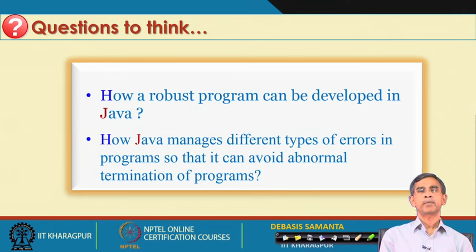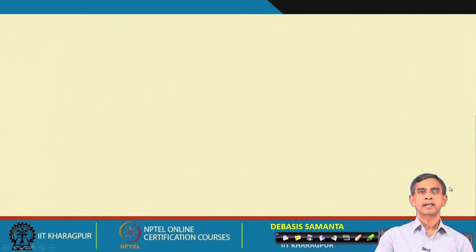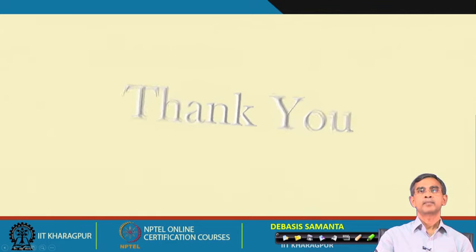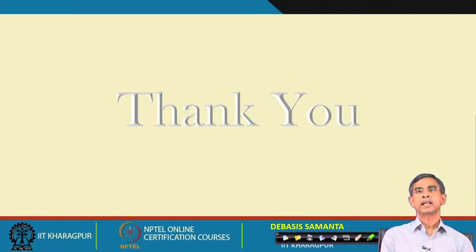There are many errors, and it is a particular concern whenever the program size increases from low volume to high volume, because as the code size increases, the possibility of errors increases. So, how to deal with this situation? All these things will be discussed in our next discussion, which is called the exception handling concept. Thank you very much.